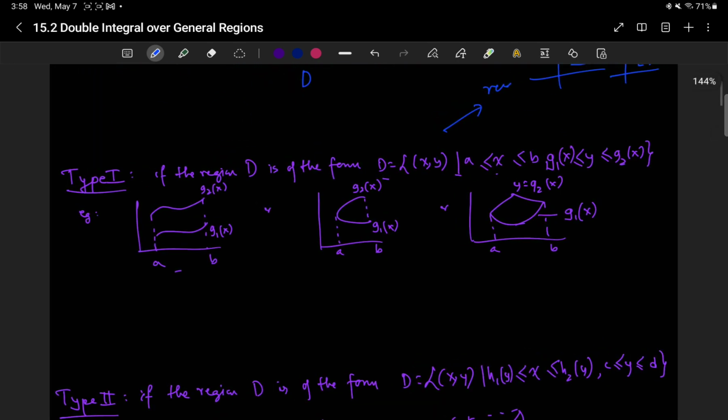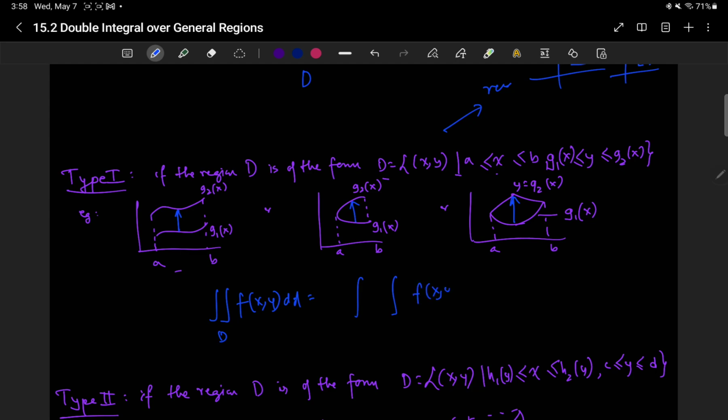So same thing here. Type 1 is the region D of this form, so you're basically going from some y to y, so you can think of it as a vertical sort of movement here. So y is between g1(x) and g2(x). When this is the case, then your double integral of f(x,y) dA, you're going to integrate with respect to y first, because you're moving in the y direction.